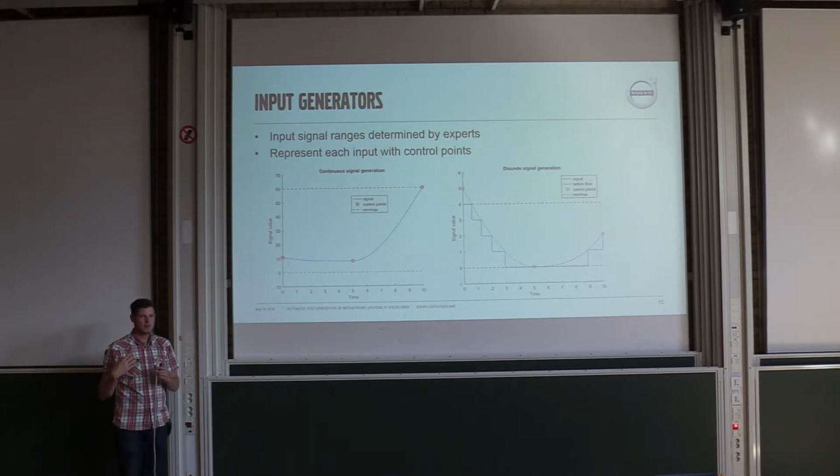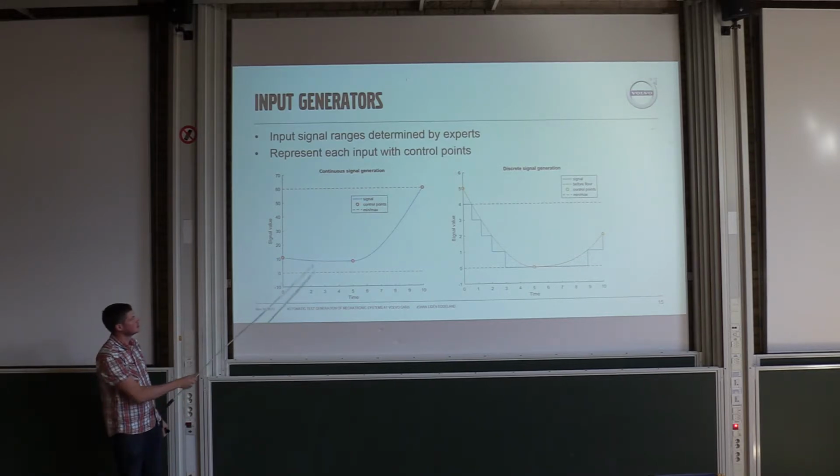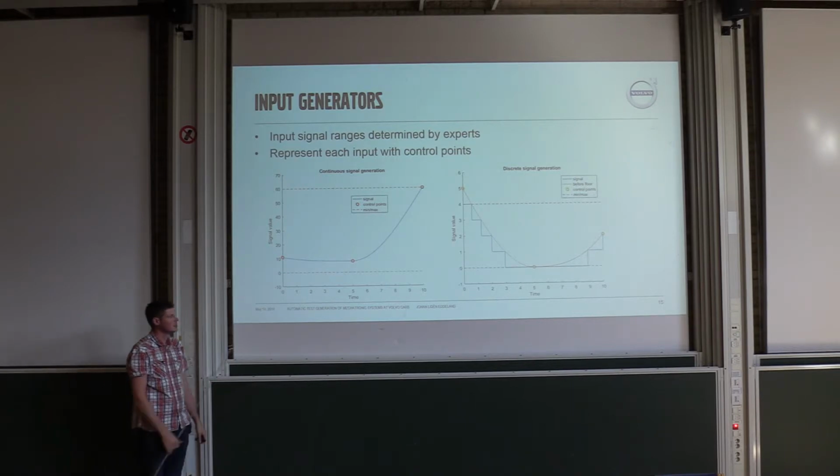And then when we want this Breach toolbox to generate an input to the system for this signal, we just tell it to interpolate in some way. I mean, we can define in what way we want it to interpolate between the points, but that's the basic idea. So with just 3 points, I can characterize a lot of different signals in a continuous setting.